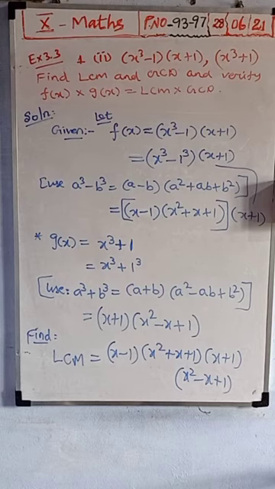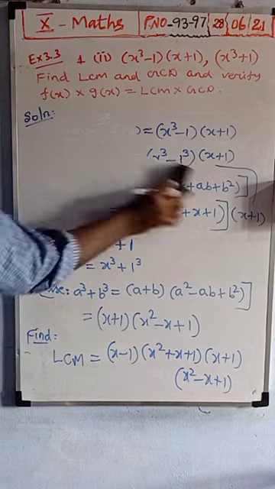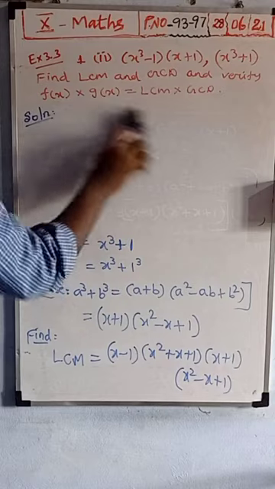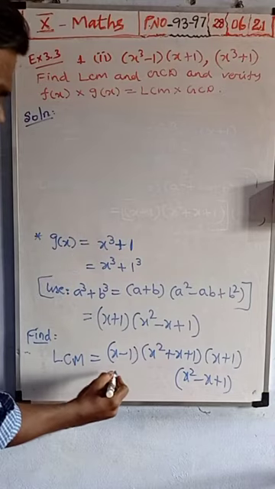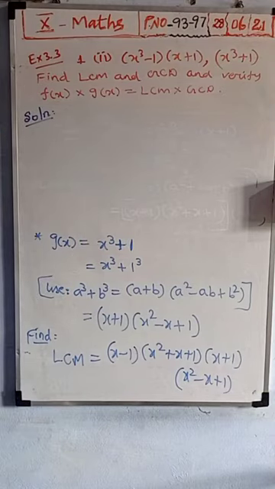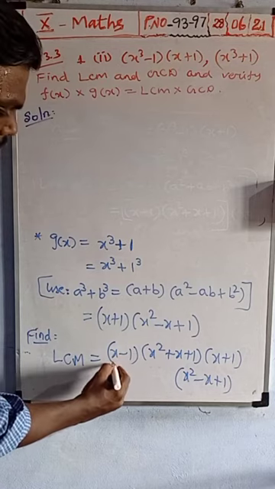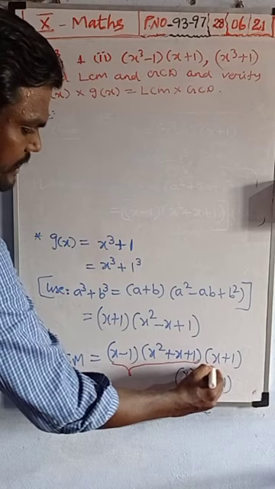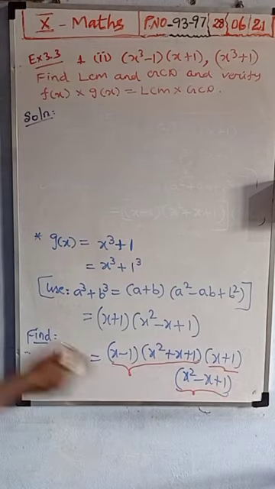Next, this also we can change. How can we change this? You see, what is the formula for x minus 1 of x square plus x plus 1, and for this one?